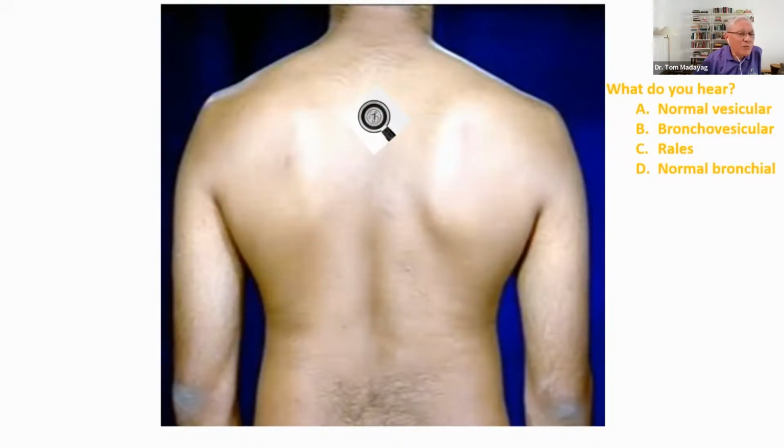This is close to the bronchovesicular area, and therefore that's what you should be hearing. And the clue is if it's bronchovesicular, inspiration should equal expiration. So that is exactly what 64% of you said. So you were able to identify that correctly. Okay, let's go to the next one. And this is the next one.